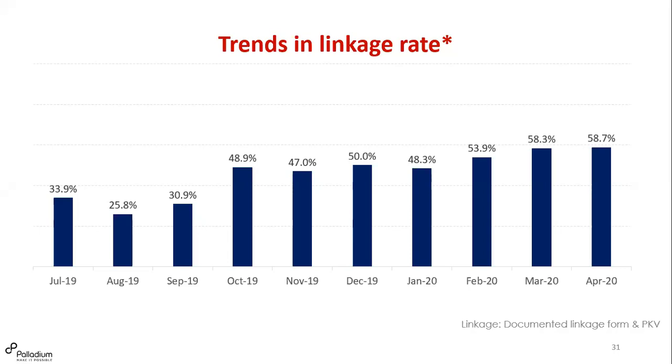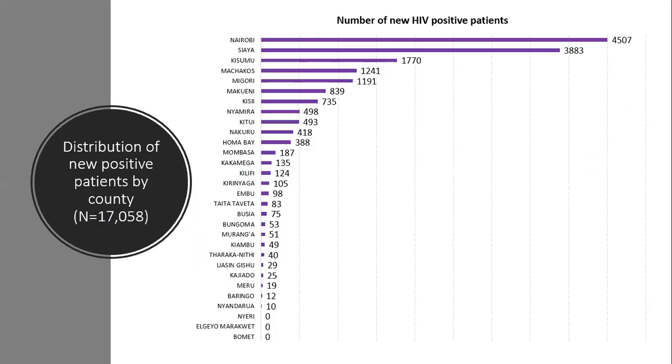And even though we have a positive trend in the linkage, we take note that this is below the programmatic experience of about 90% that we usually see from program level data.